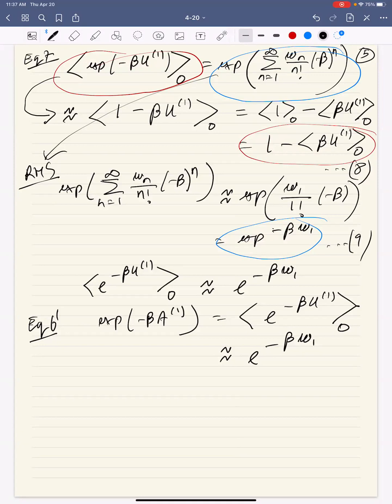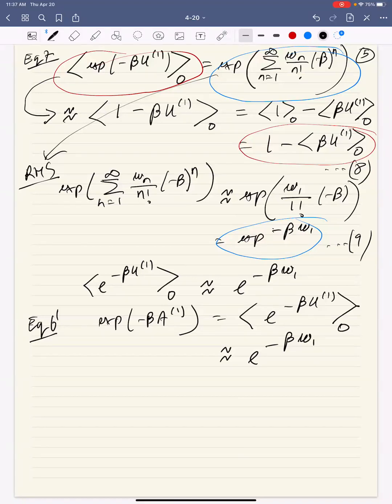I think I made a math mistake, sorry. I'm just going to get 1 is equal to 1. It's not a good situation. Give me a moment. No, I haven't made a mistake, but I was about to make a mistake. What I was about to do is to conclude that therefore A1 is equal to W1.